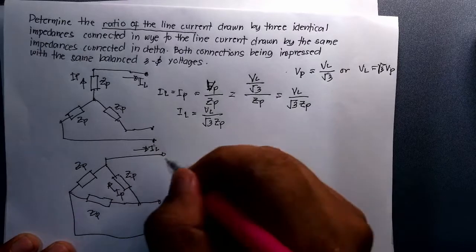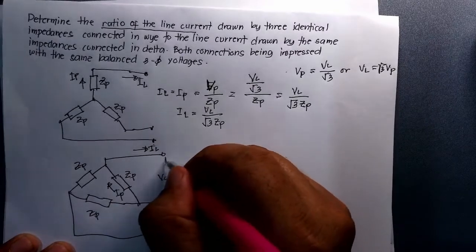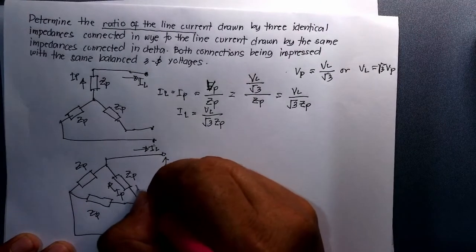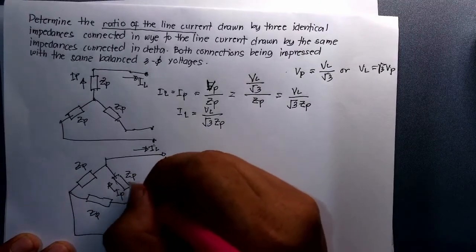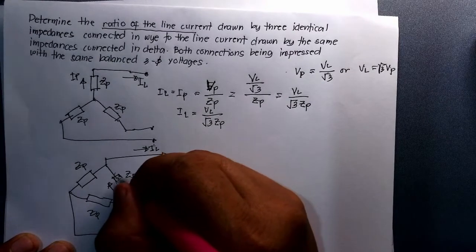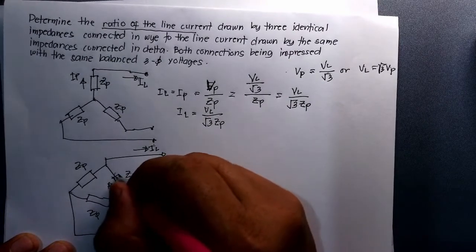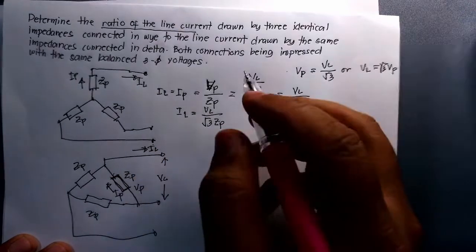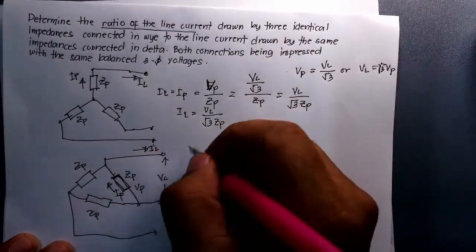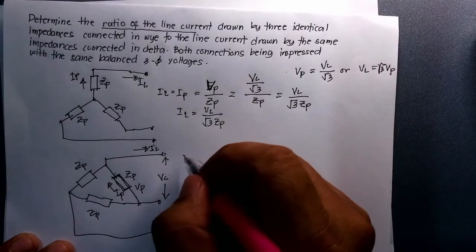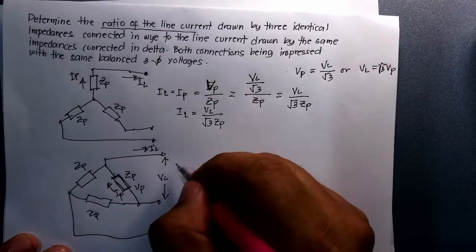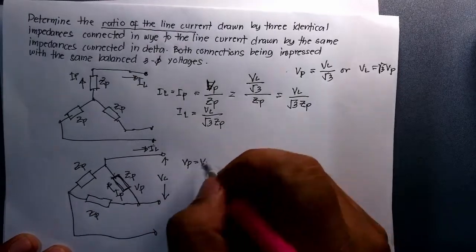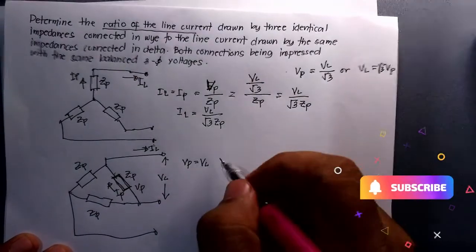Your V sub L is the terminal voltage here, and your V sub P is the voltage at this phase, the phase voltage of this coil or this rectangle, your impedance. That is the V sub P. So connecting it into delta system, your V sub P equals V sub L. So the phase and line voltages are equal.